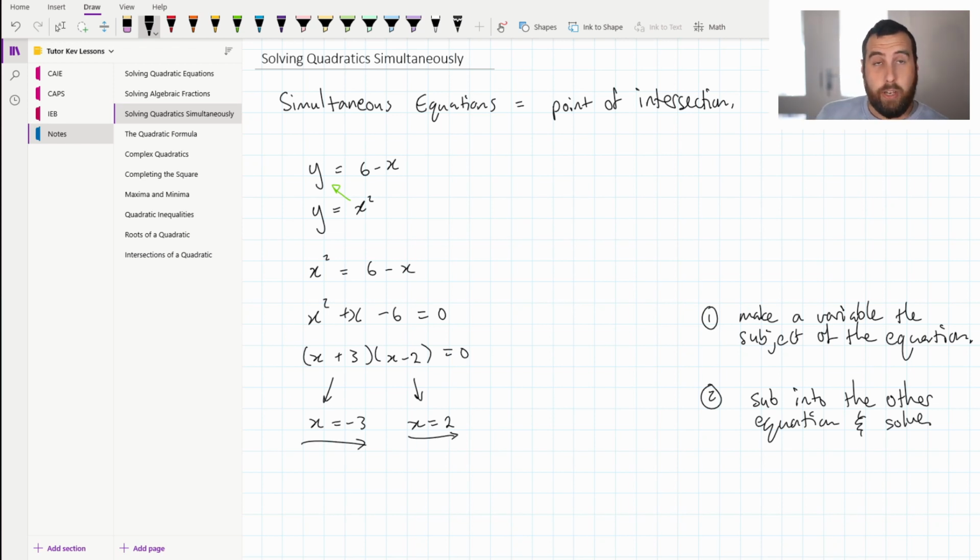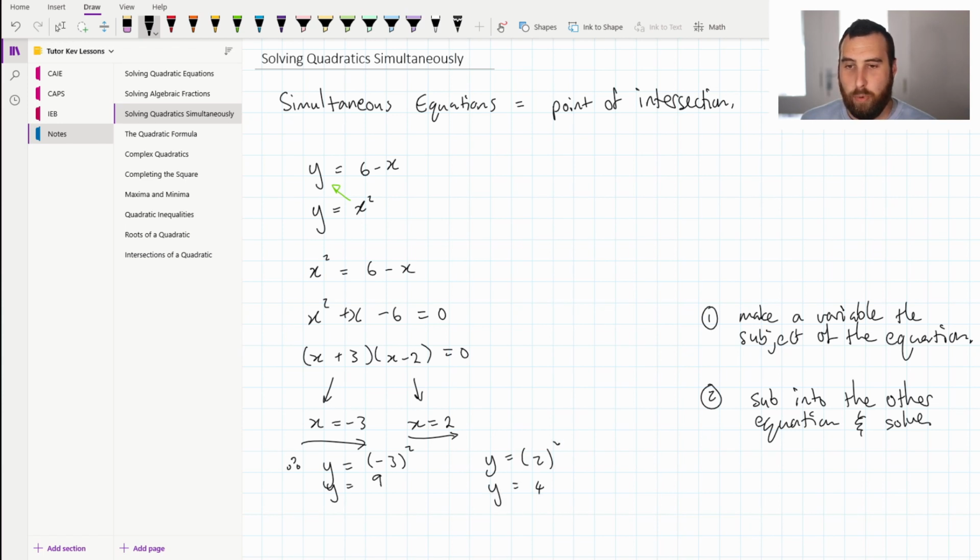Now, once you have found your solutions for x, you need to substitute back into your original equations to then determine the values for y. So therefore, y is equal to minus 3 squared, which is equal to 9. And then I also get y is equal to 2 squared, so y is equal to 4.